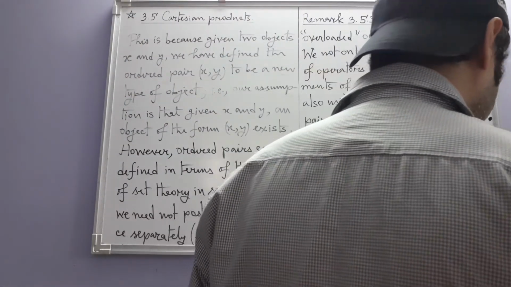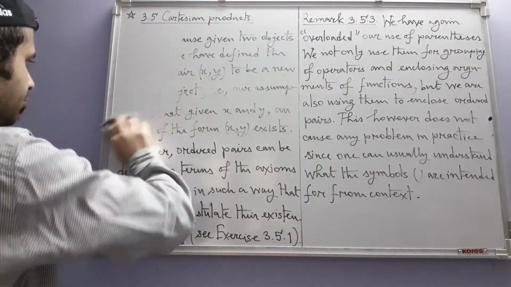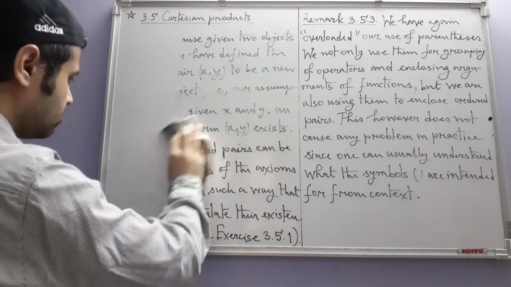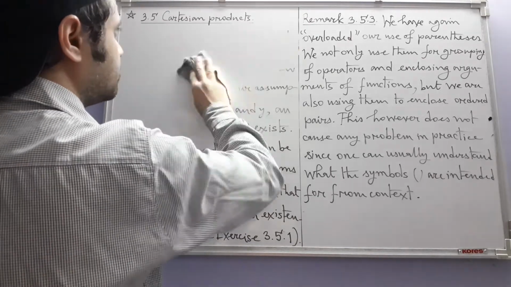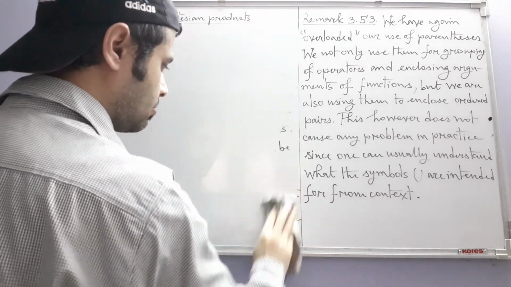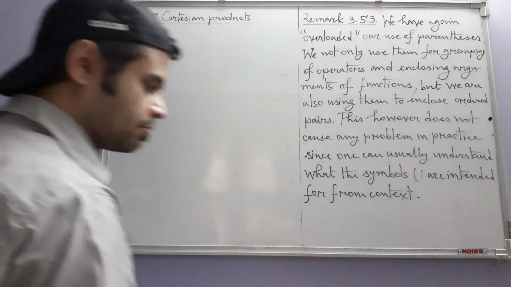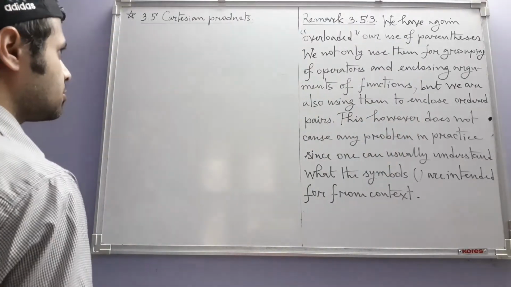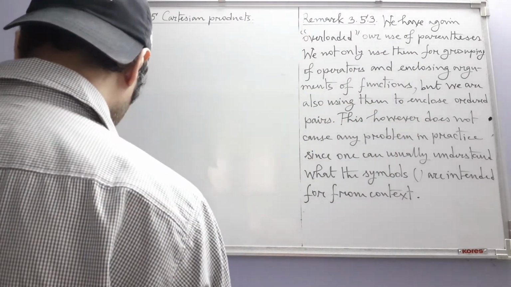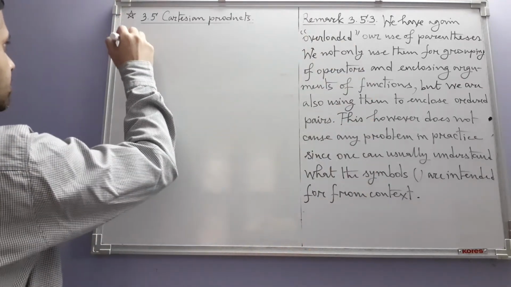Okay, now we come to the definition of Cartesian product. So far we have defined ordered pairs. So this is definition 4. Tao's numbering goes serially.